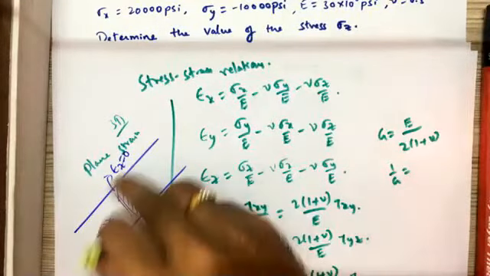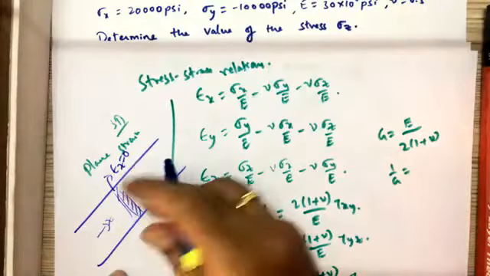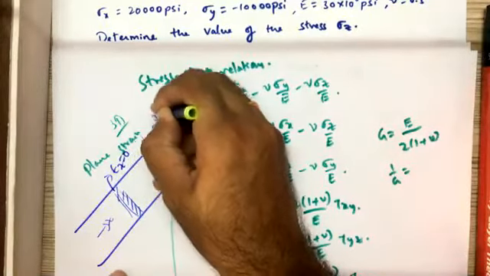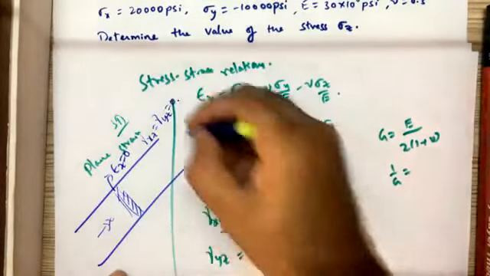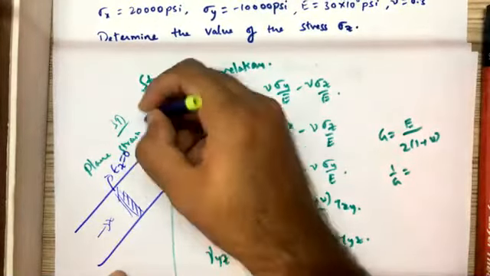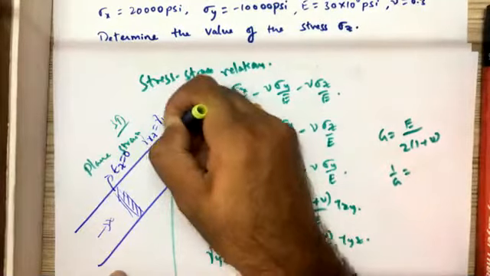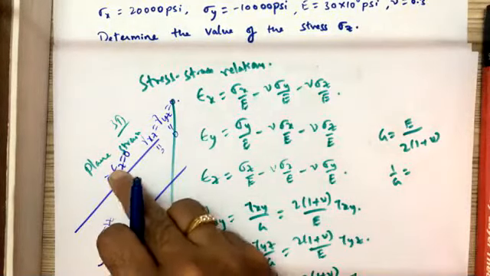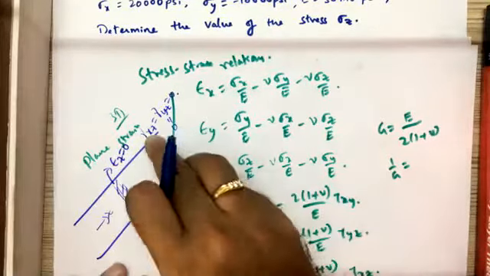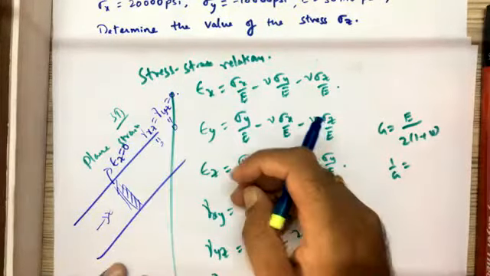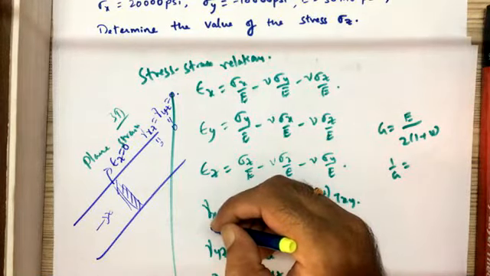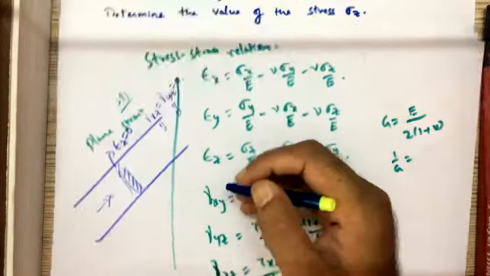If normal strain epsilon z is zero, then similarly gamma xz and gamma yz will also be zero. Because the normal strain is zero, the shear strains in the z direction will also be zero. Now, can anybody please respond to me? Is that clear to you?